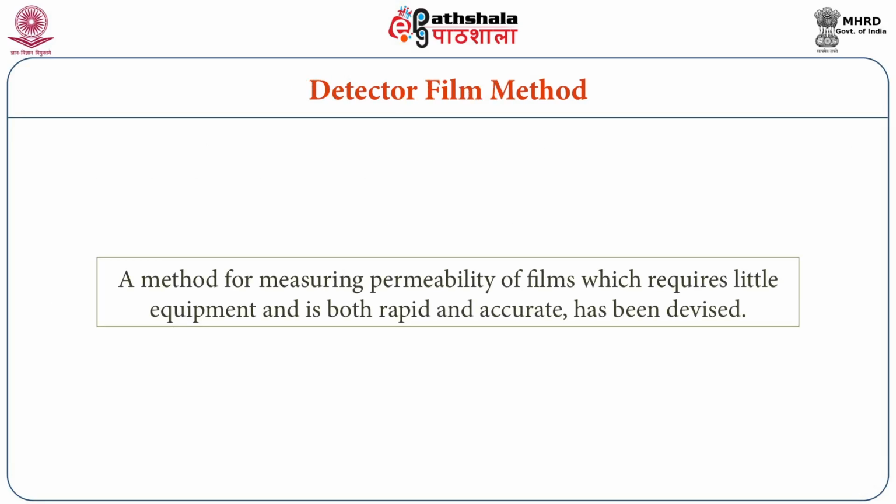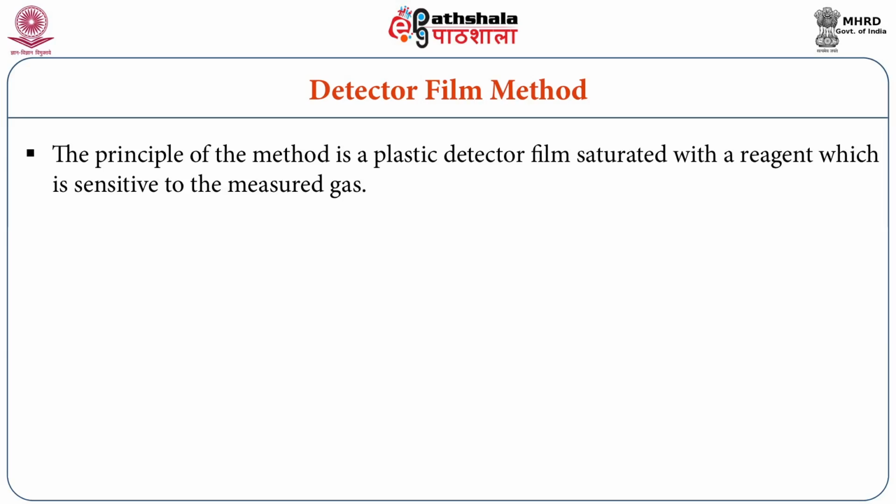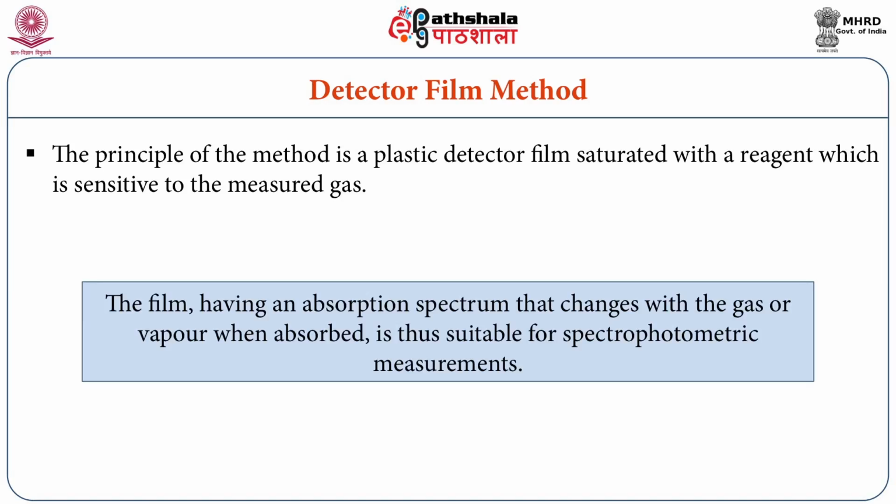Detector film method. A method for measuring permeability of films which requires little equipment and is both rapid and accurate has been devised. The principle of the method is a plastic detector film saturated with a reagent which is sensitive to the measured gas, the film having an absorption spectrum that changes with the gas or vapor when absorbed.